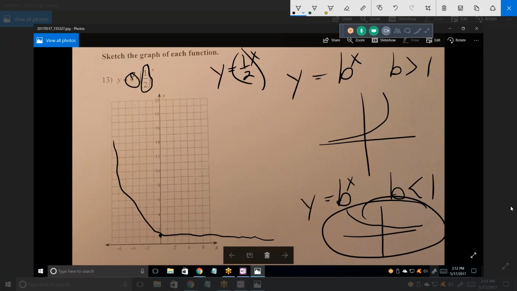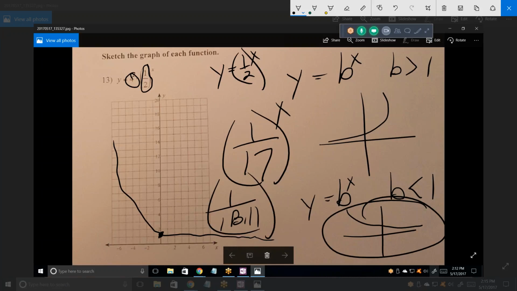Mm-hmm. The fact is that any number to the 0th power is 1. So I could say 1/17 to the x power, and it's still going to go through that same point. When x is 0, that's 1. Mm-hmm. I could say 1/1,000,000,000.